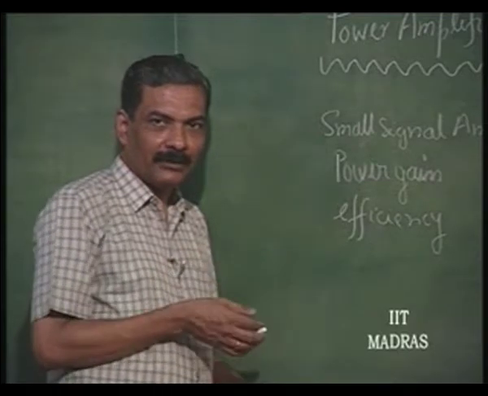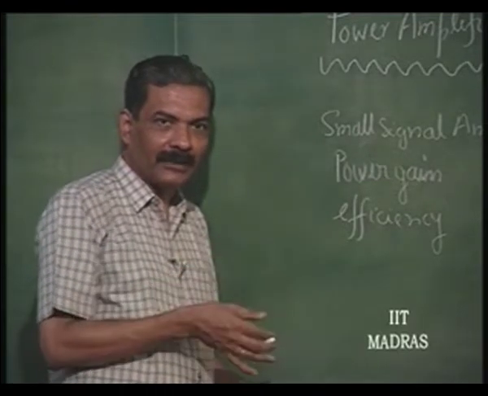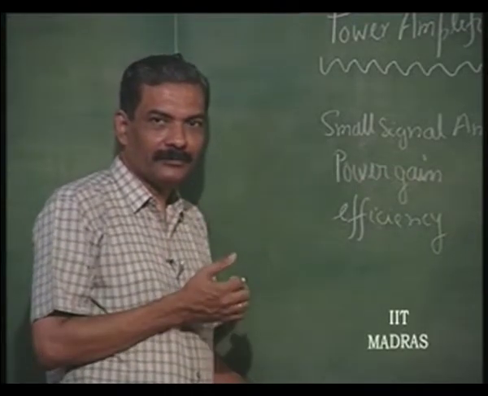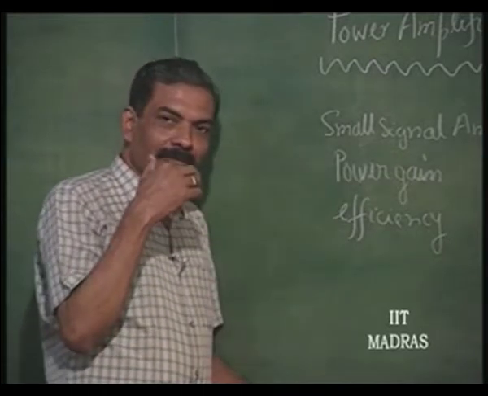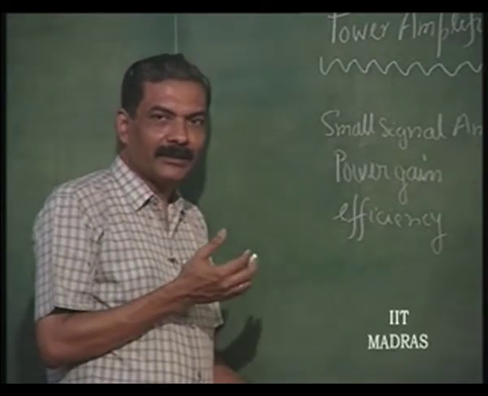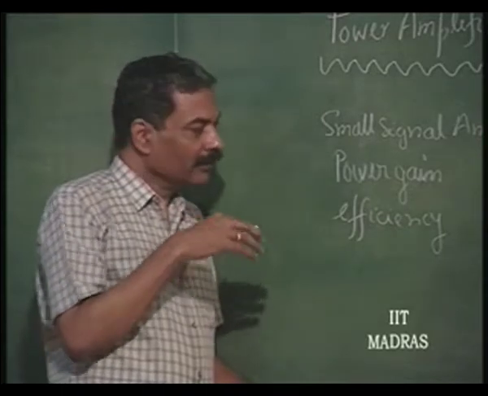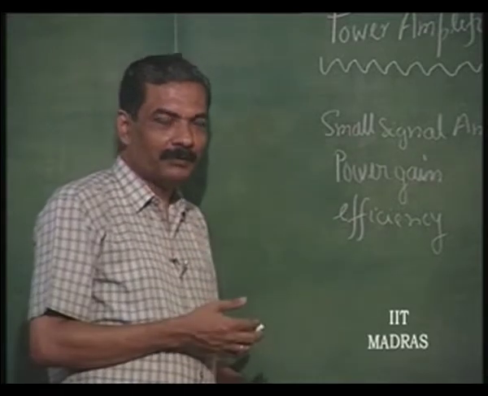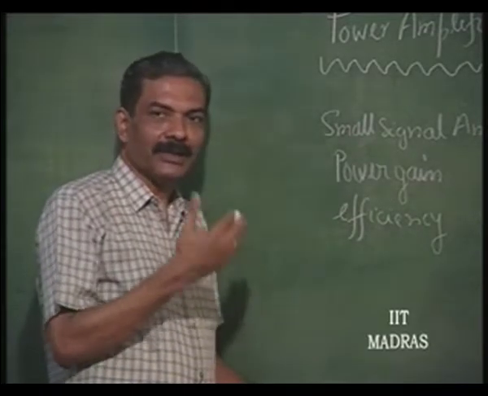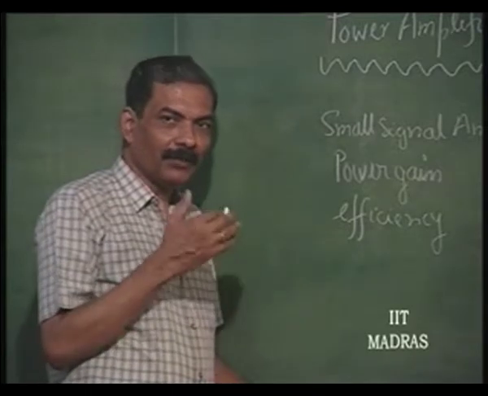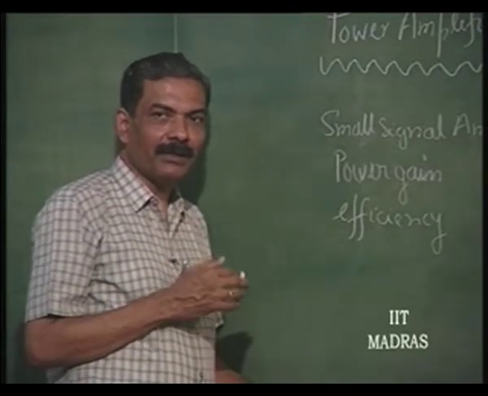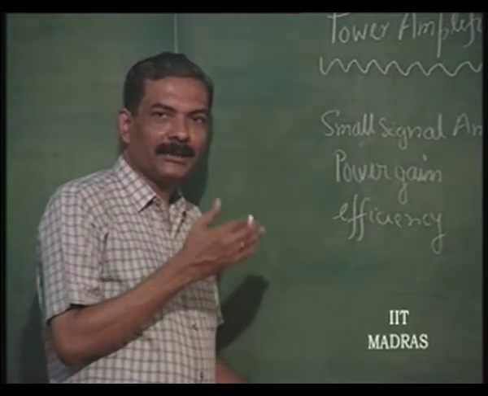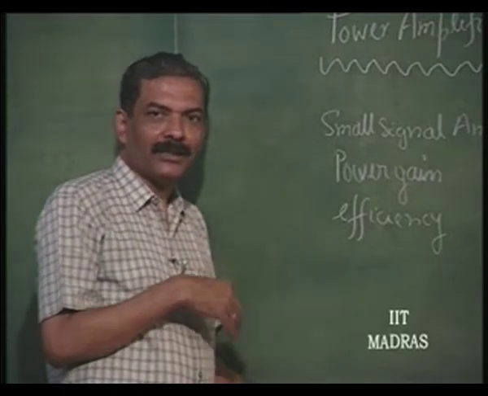The DC power that is necessary to bias the active device is getting converted into the useful signal power. Now, how much of this biasing is to be provided so that it gets converted into useful output power depends upon your design basically. We are not bothered about that initially, simply because since it is small signal, the biasing currents etc. are so small that it is of no consequence.